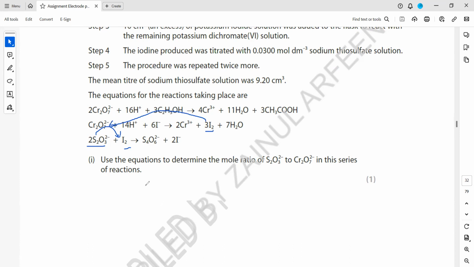If we simply work out the series of reactions, 2 moles of thiosulfate react with 1 mole of iodine.